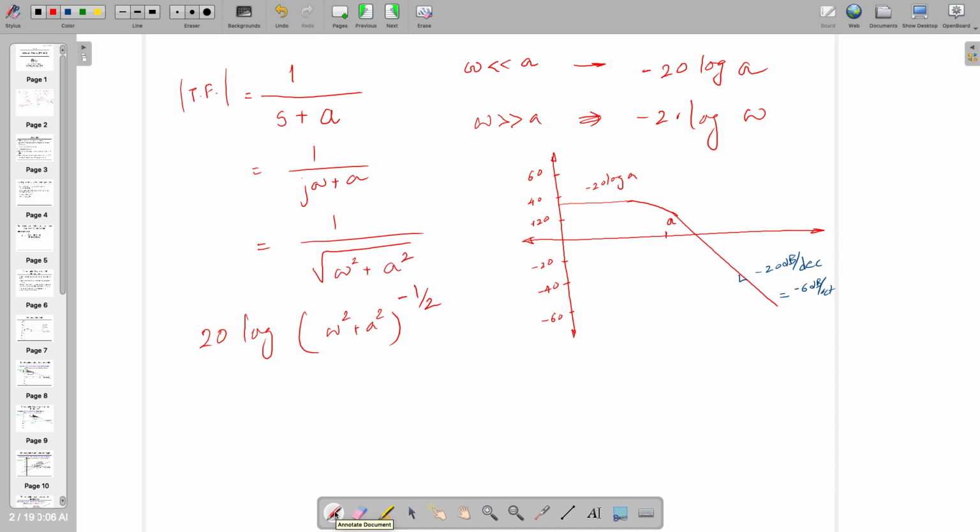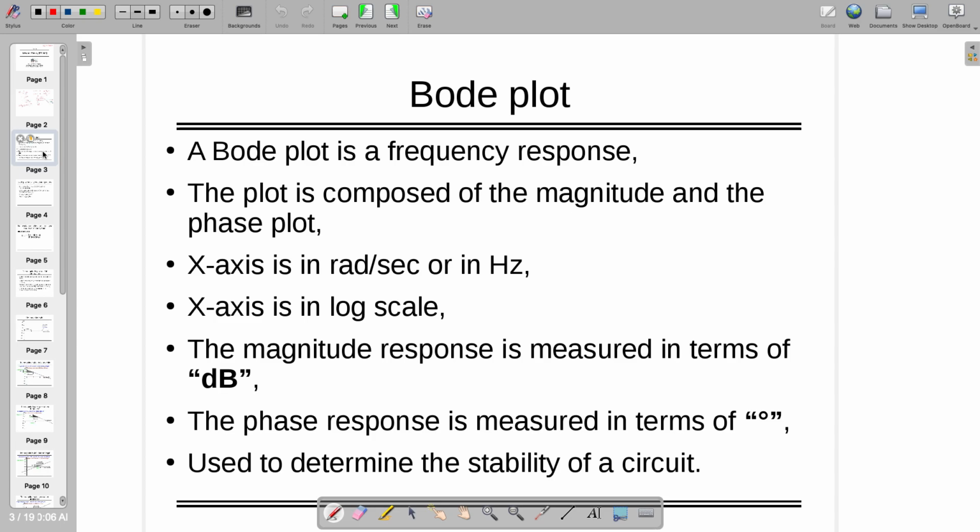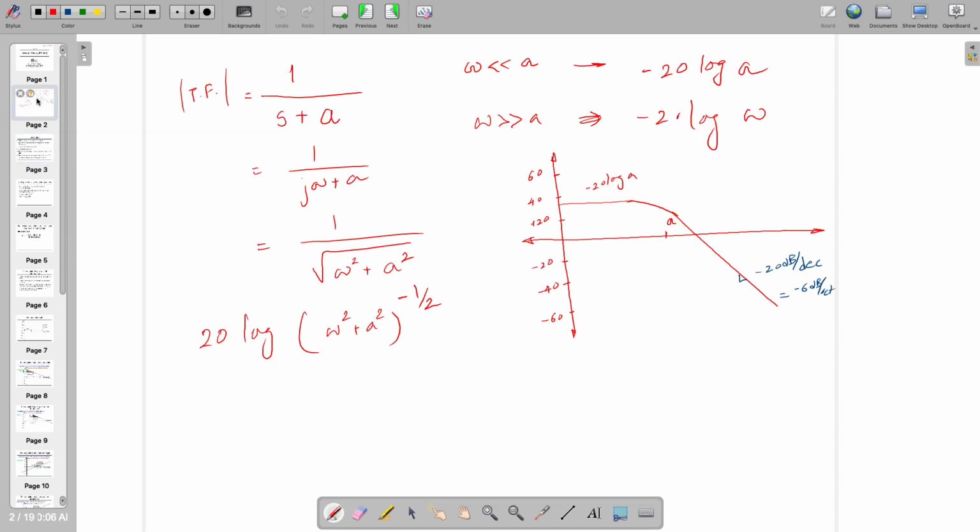Right. So this is the thing we learned, but let's summarize what we have learned, because I want to make a Bode plot, and what he says is that do not do all these things, just draw the lines which are the asymptotic lines.